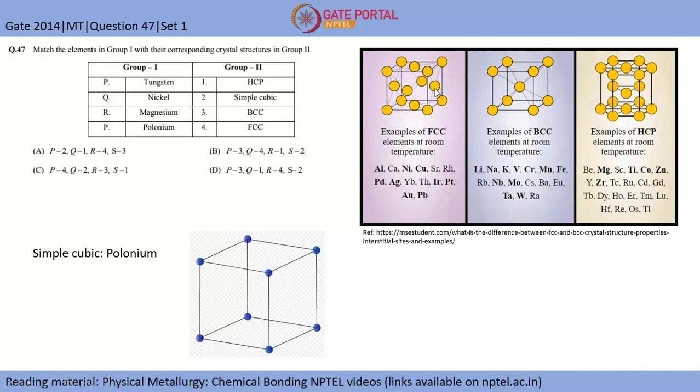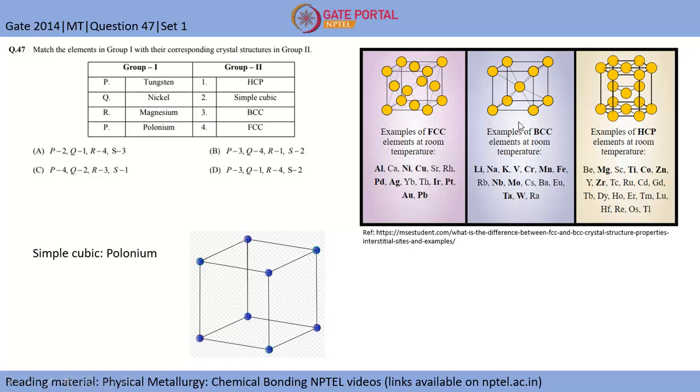The elements which have FCC crystal structure are aluminium, calcium, nickel, copper, and the commonly used materials like gold, platinum, lead. So in FCC you need to remember this many elements which solidify in FCC crystal structure.